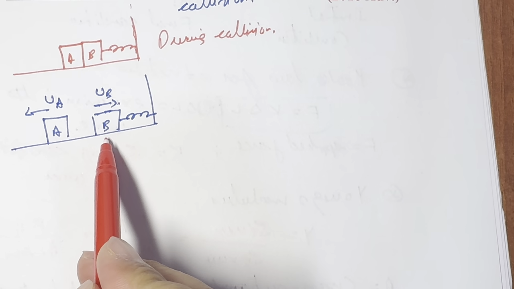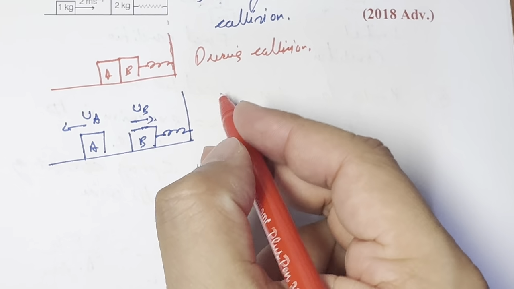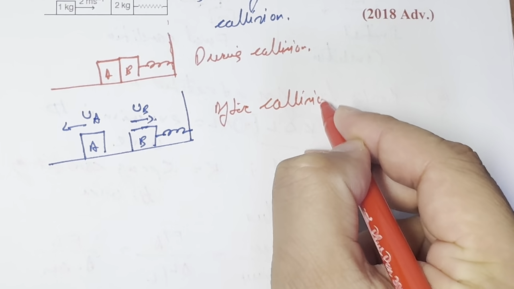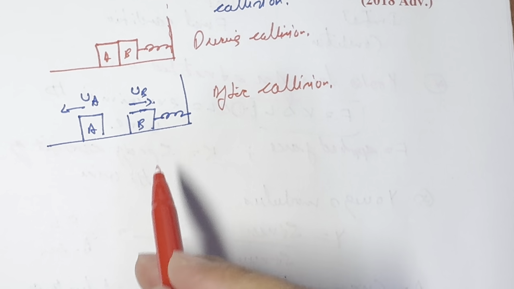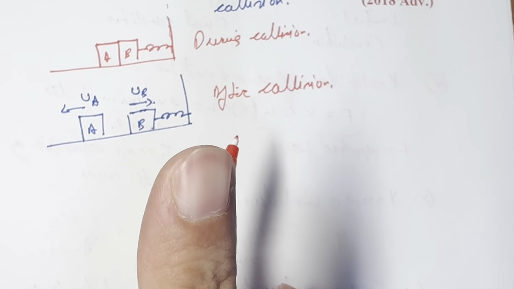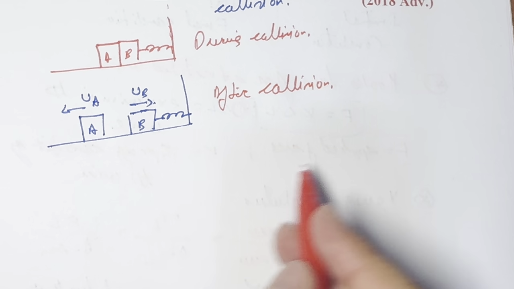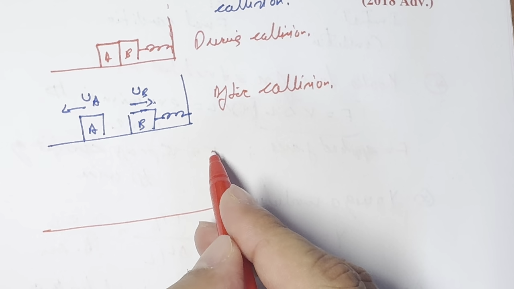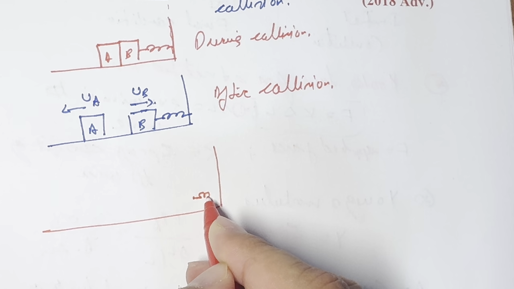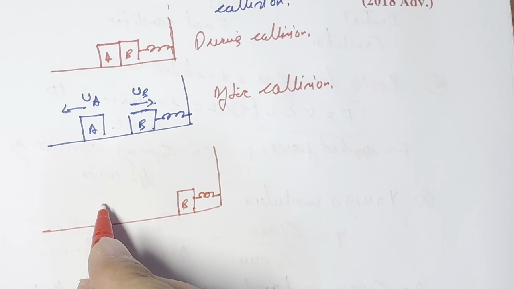Now block B will travel to the maximum displacement position, and this is after collision. The question itself says that block B does not hit the wall. So it means the spring is compressed to its maximum extent like this, and this is the extreme position of block B, and block A is somewhere here.